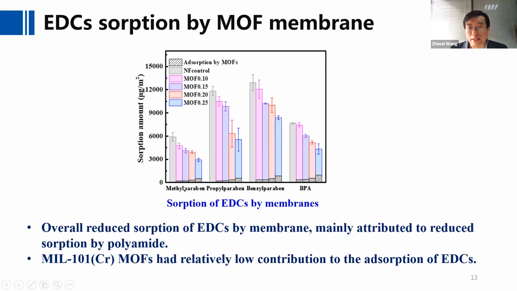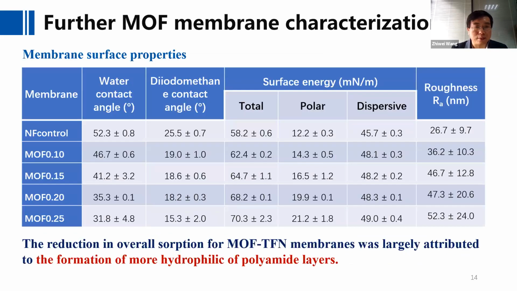As we all know, for the rejection of trace organic contaminants, sorption is the first step. If you can decrease the sorption, the rejection of the EDCs would increase. That's why our membrane could achieve a high rejection of those trace organic contaminants.